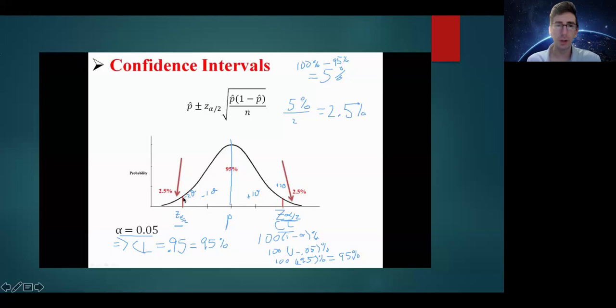So if we have a z-value here with 2.5% of the area under the curve left outside of our interval, I need to find this z-value, which is 0.05 divided by 2. So I need to find a z-value with 0.025 area under the curve to the left.